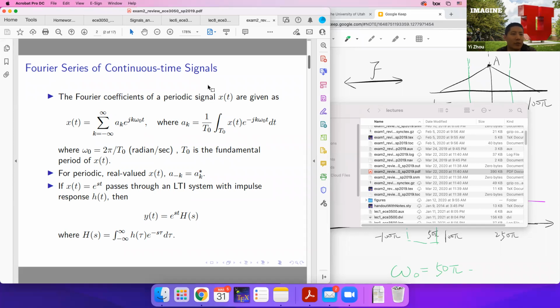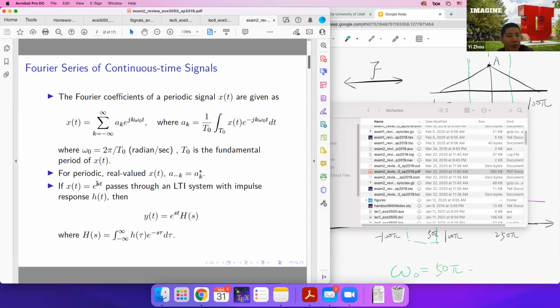So these are definitions. We start from Fourier series, right? So this is how you calculate Fourier series for a periodic signal. And for LTI systems, such a complex exponential signal turns out to be an eigen signal of the LTI system.